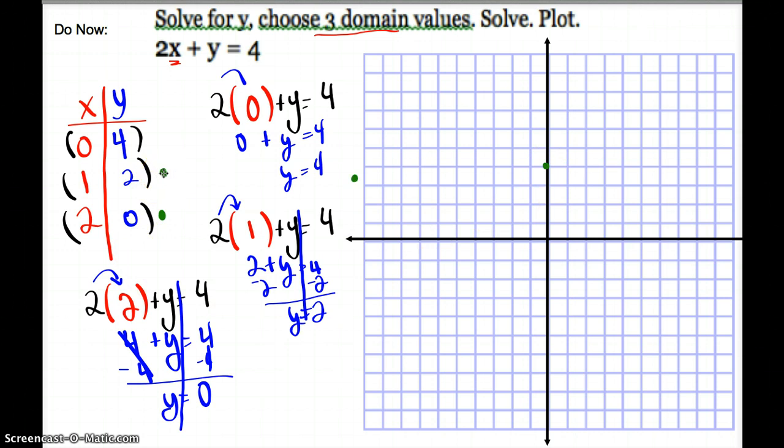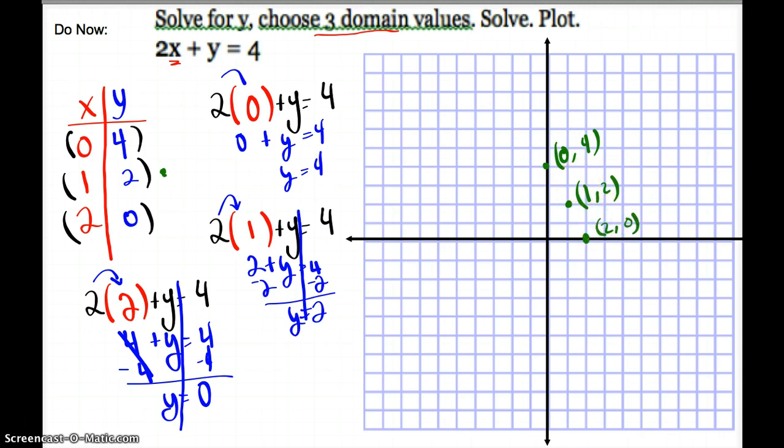Second one is 1, 2. Again, I'll start at the origin, count 1, and then go up 1, 2. And then the last but not least, 2, 0. I'll start at the origin, go 1, 2, not go up any, not go down any, and I'll have 2, 0. Let me label these points. It'll help a little bit. 0, 4, 1, 2, and 2, 0.